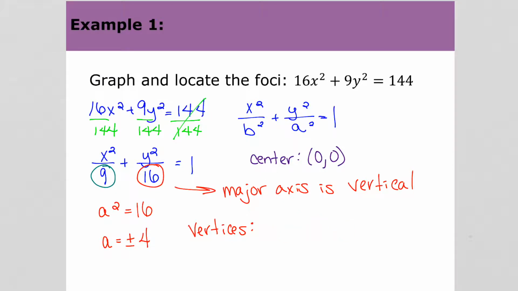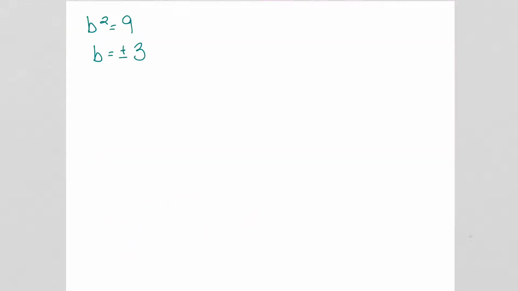I'm sorry. It's 0, negative 4, and 0, 4 because they're along the y-axis. Okay, since B is positive or negative 3, then that means the other two vertices will be at negative 3, 0, and 3, 0.